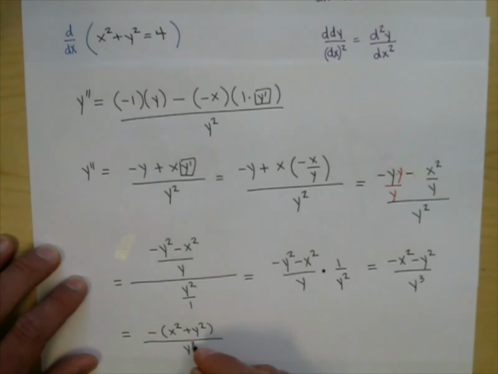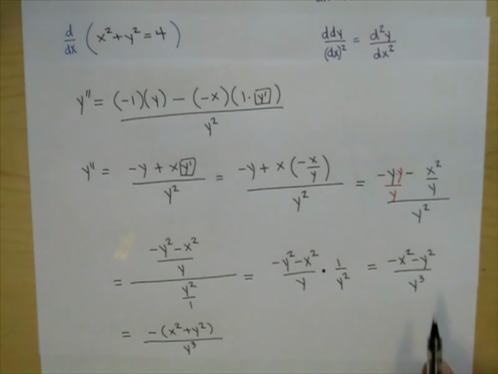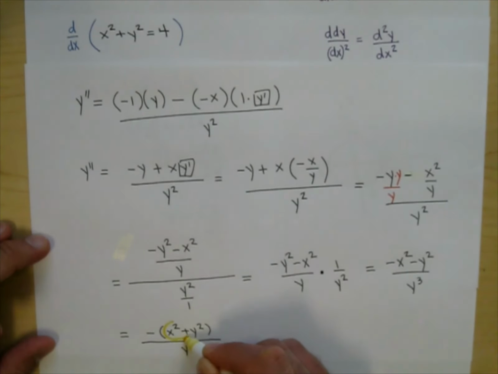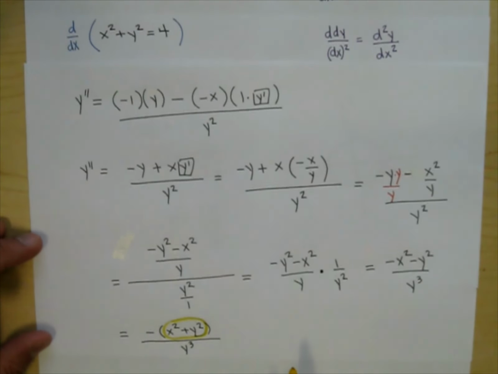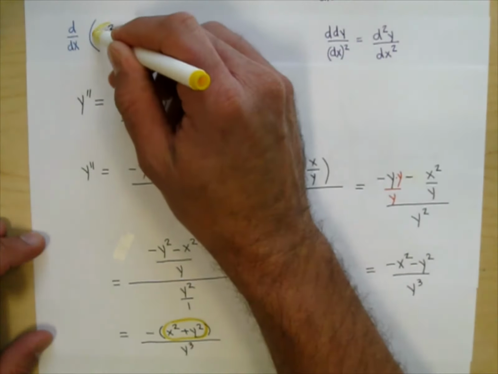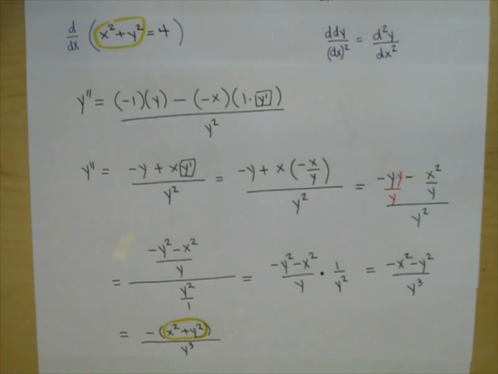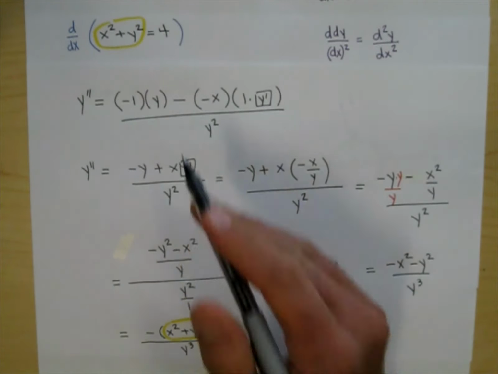You're going to be like, whoa. So I factored a negative out of there, and then I'm looking at this x squared plus y squared. Man, that sure does remind me of something. Why, it reminds me of this right here. And that x squared plus y squared equals 4.